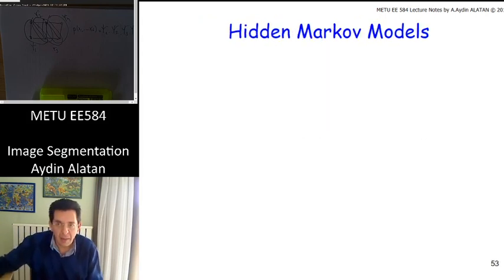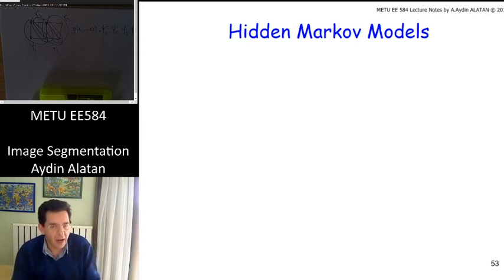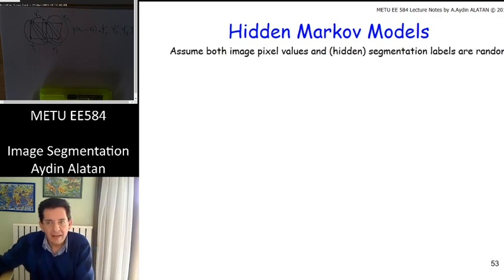At this point, I'm going to use another concept called hidden Markov models, where the hidden concept is the unknown concept, the unobserved concept, okay? For our problem, it is the label, object number. The observed thing is image intensities. Now, how are they related? Now, let's assume both things are random.